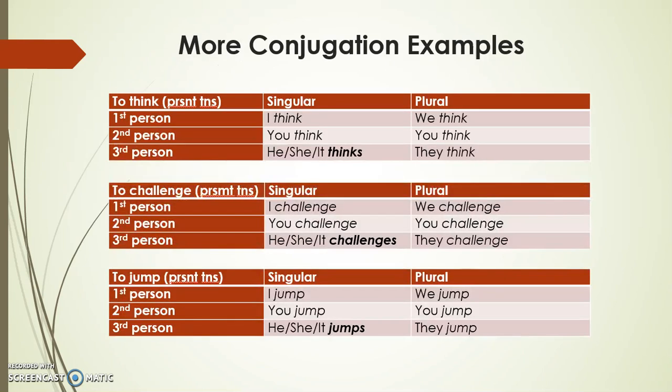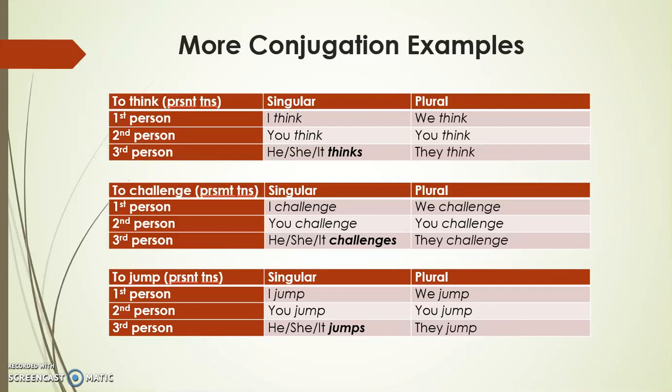So I added several more examples here for you because I wanted to hit home that idea that the third person singular verbs always end in an S in the present tense. So notice every conjugation of the verb to think is think except for third person singular. He, she, or it thinks.